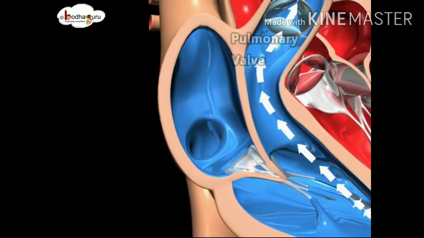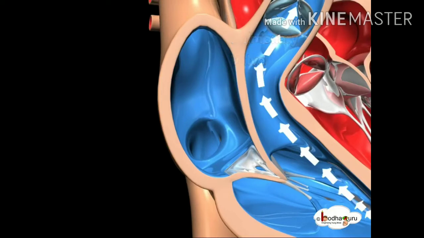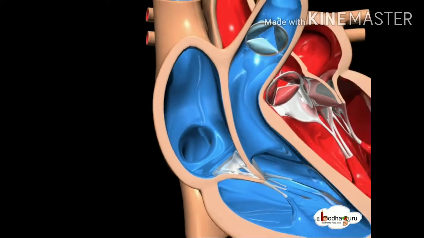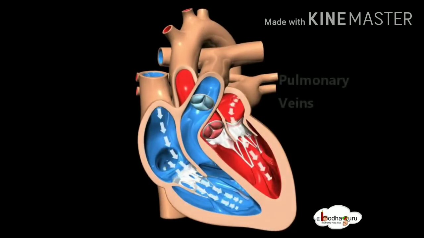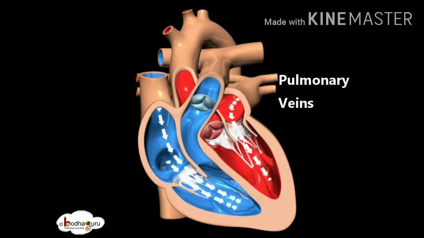Blood leaves the right ventricle through the pulmonary valve into the pulmonary artery for oxygenation. The pulmonary veins carry oxygenated blood to the left atrium.